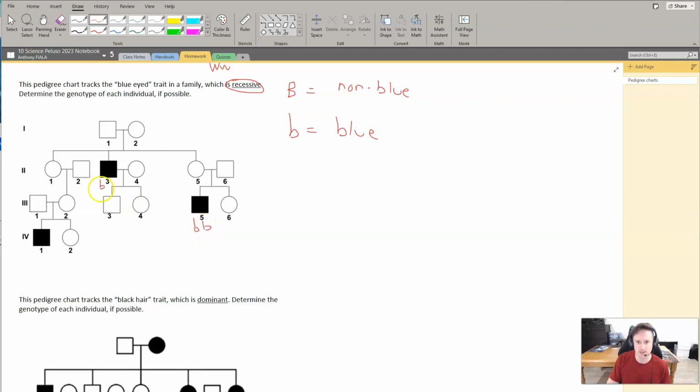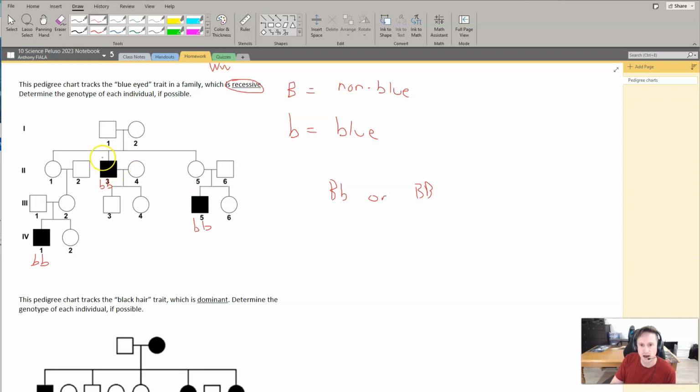They have the recessive characteristic there. Okay? So everything else has to be either big B, little b, or big B, big B. Okay? So one or the other. So how can we figure that out?